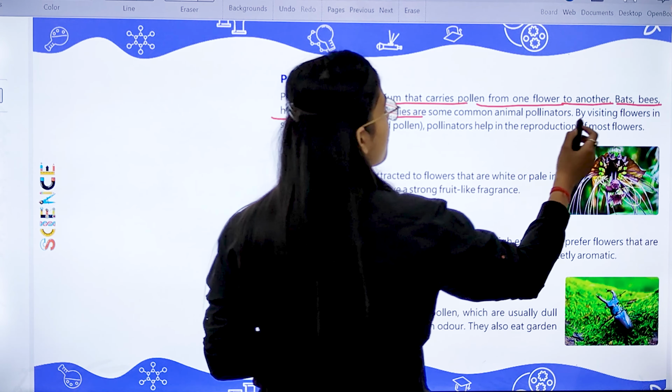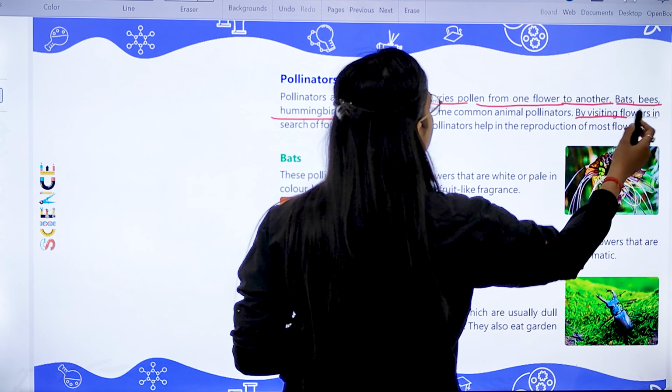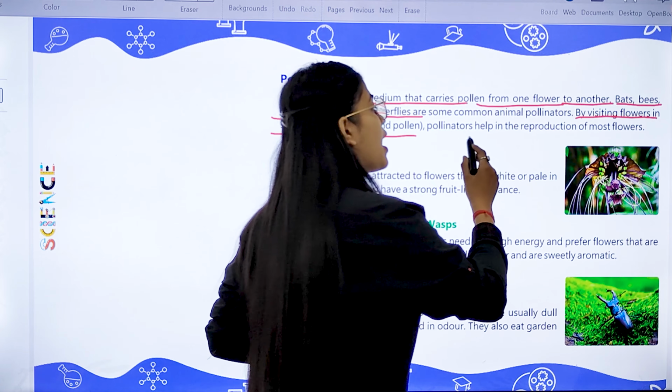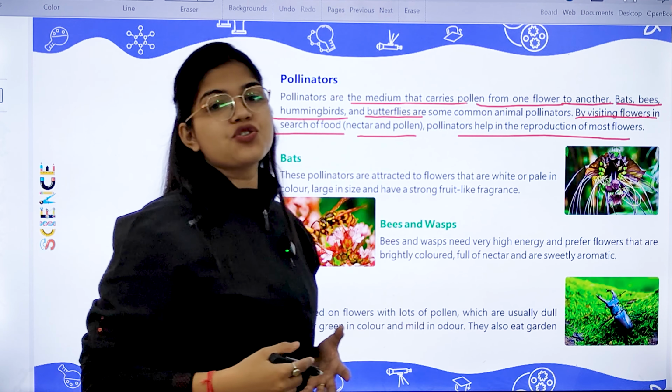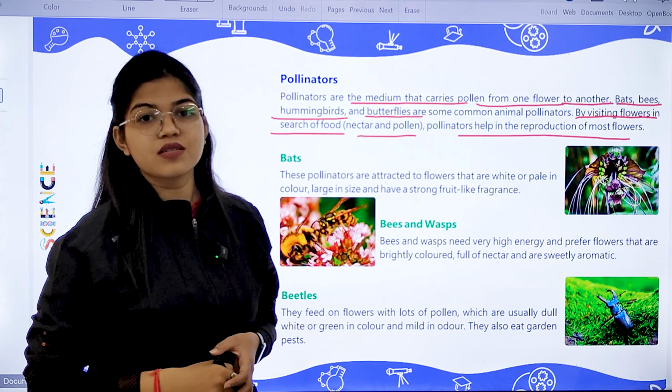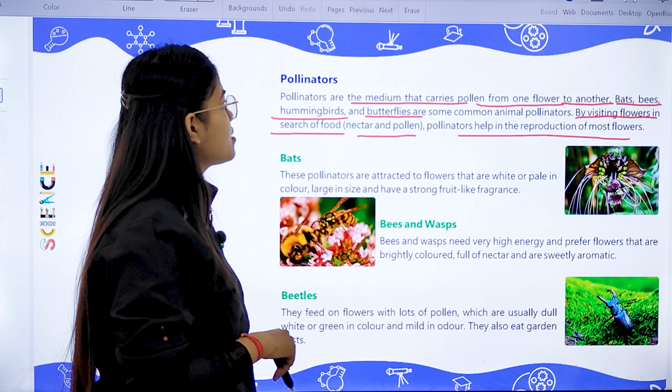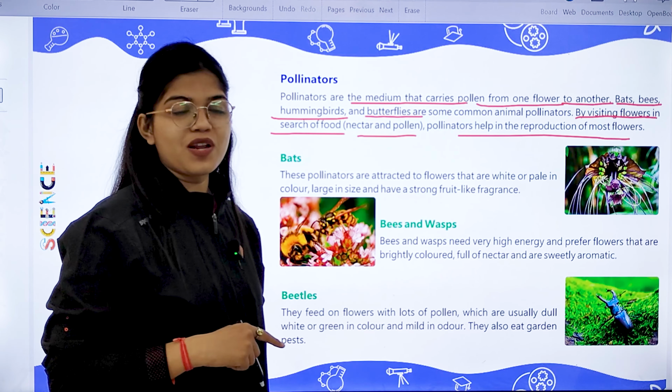Usually these pollinators visit flowers in search of food, that is nectar and pollen, and by this, they help in the reproduction of most flowers. Now let's discuss all these pollinators one by one.